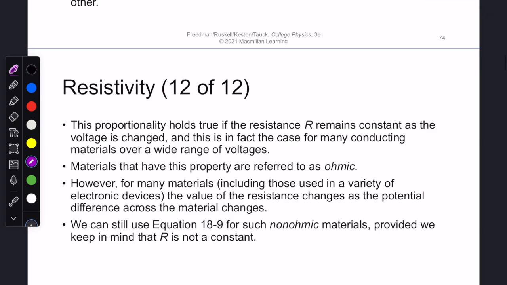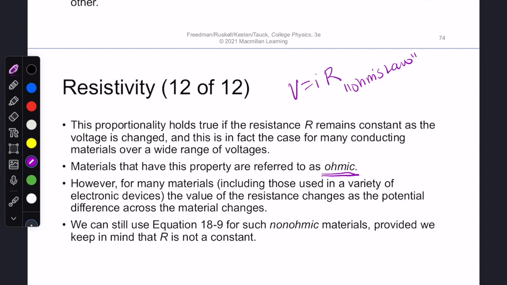So this V equals IR, Ohm's law, is not always true for materials. This is true for a certain set of materials that we call ohmic materials.